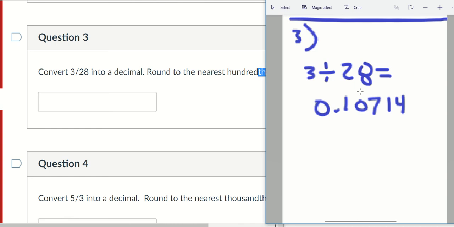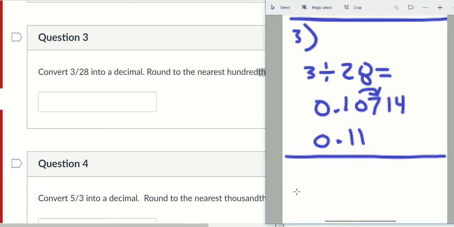The 0, right? So we have to look to the right. It's a 7. So what does the 0 become? 1. So just enter 0.11. So make sure you pay attention to where the question wants you to round to.